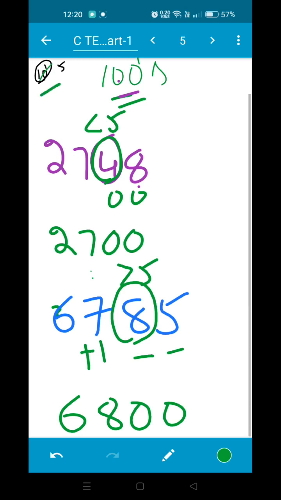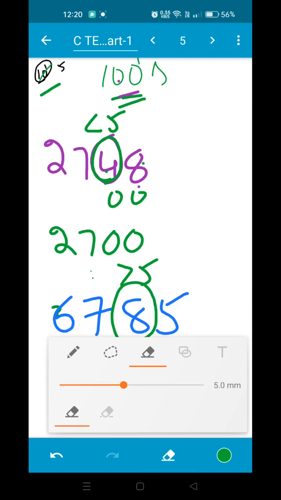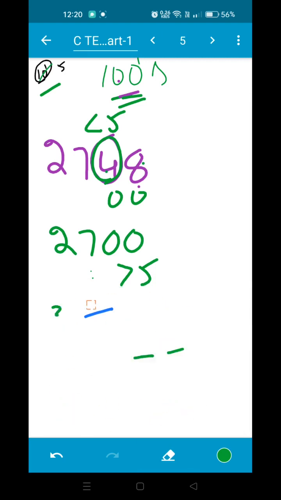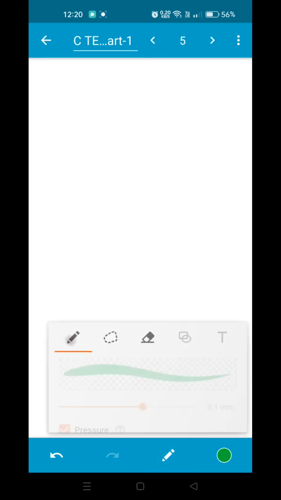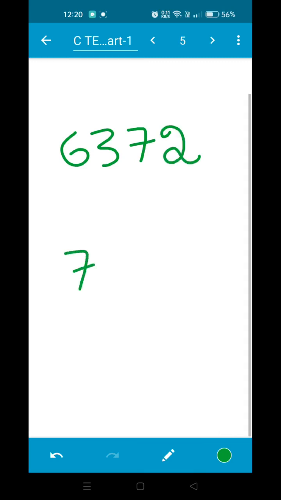So tens means units place, 100 means tens place. Next, 1000 means the digit we have to consider is the hundreds place, the digit before the tens place. So nearest 1000 means we have to see the hundreds place.